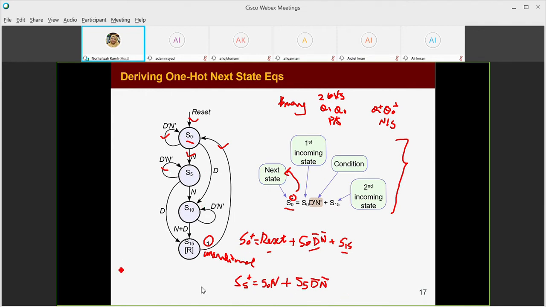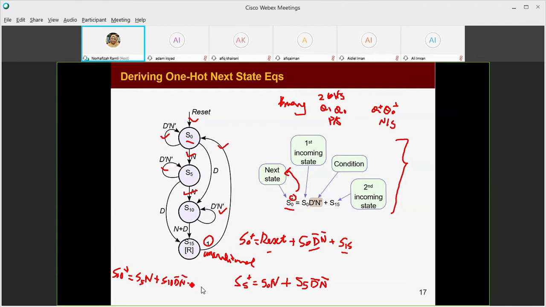Now for S10 plus, you have 1, 2, 3, so you have to have 3 product terms. The first one is from S5, with the condition N, or the input is N. The second one is coming from itself, which is S10, and the condition is D bar N bar, so you put D bar N bar.